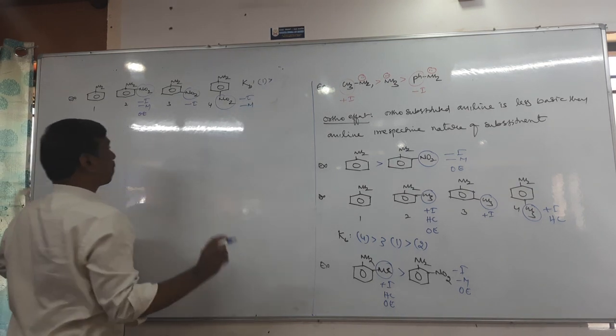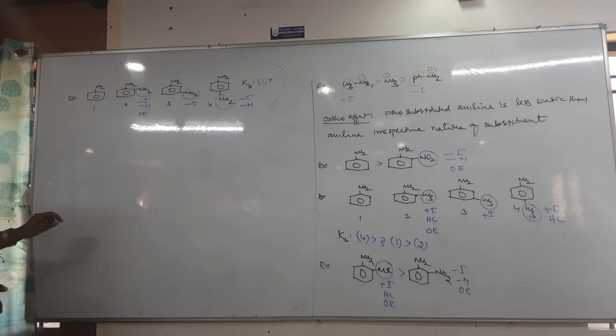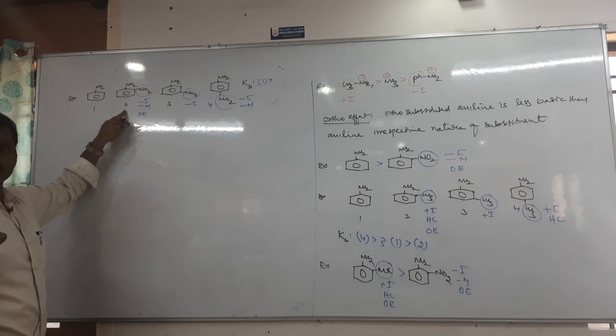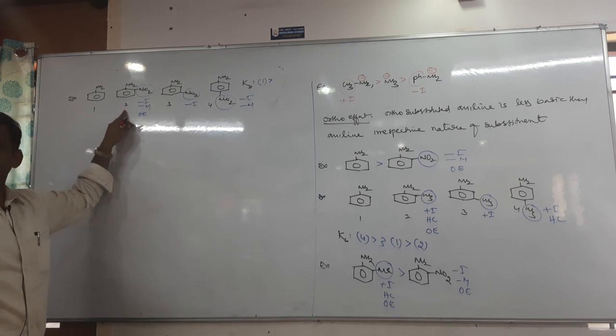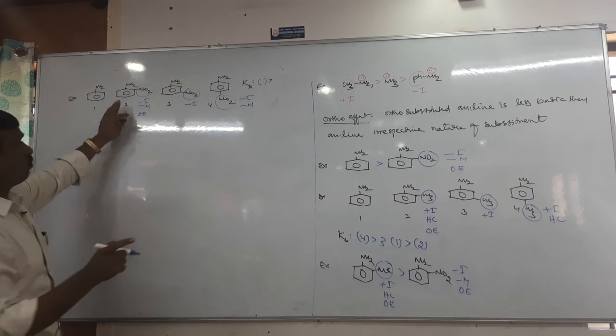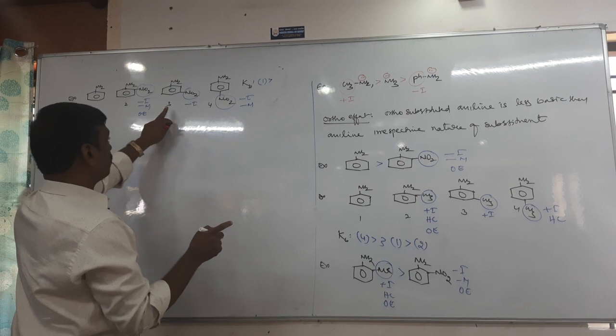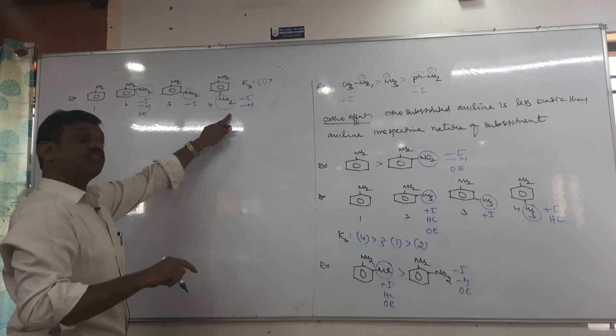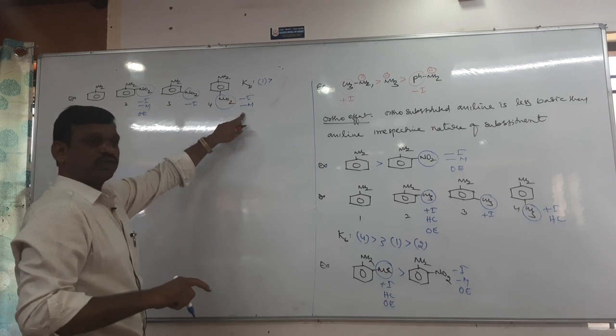The next is, no, second is the least basic. Yes or no? Compared to all, second is the very least basic. Therefore you leave that. And among 3 and 4, which is less basic? Fourth is less basic because there are two effects.